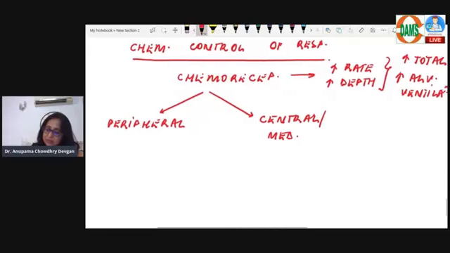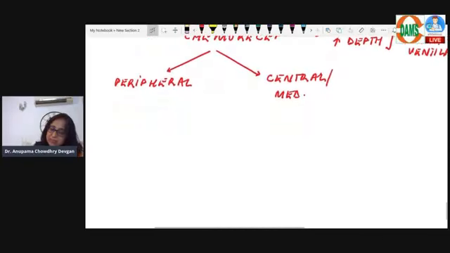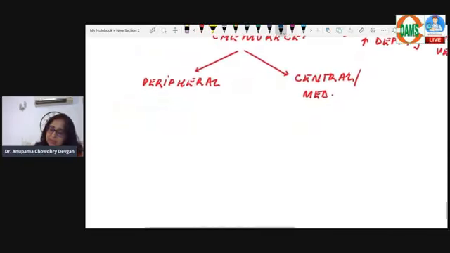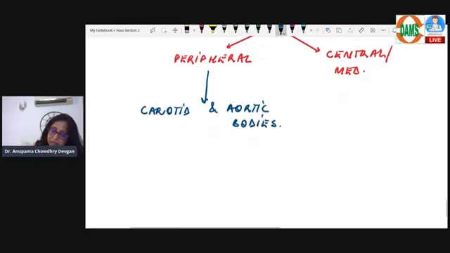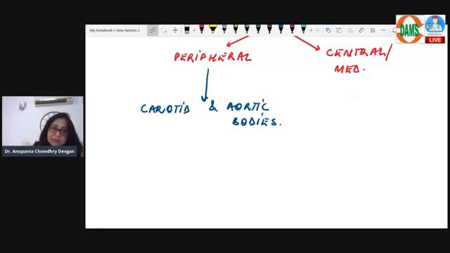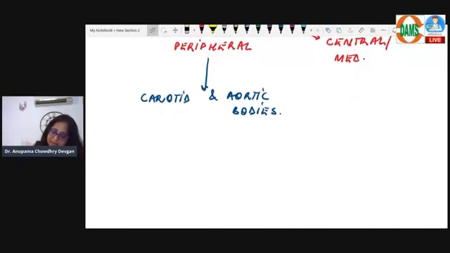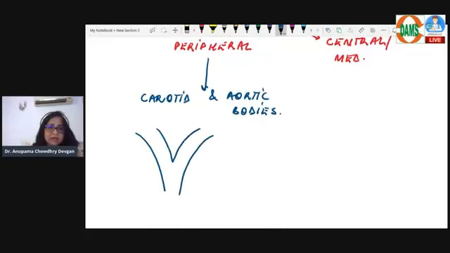Now, chemoreceptors are of two types, peripheral and central. What are these peripheral chemoreceptors? These are the carotid and aortic bodies.